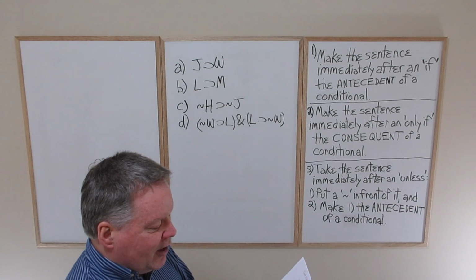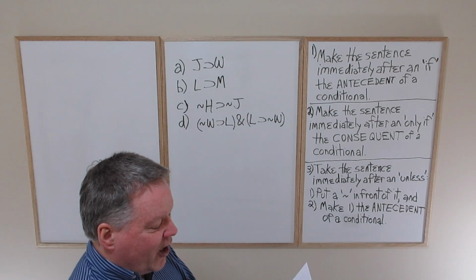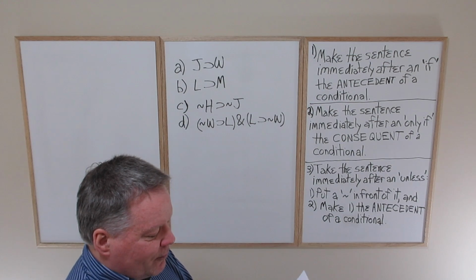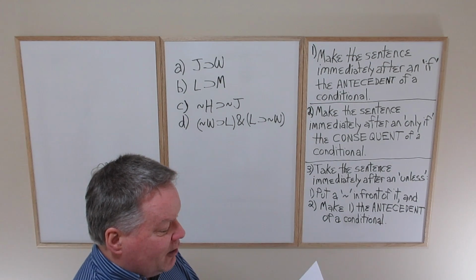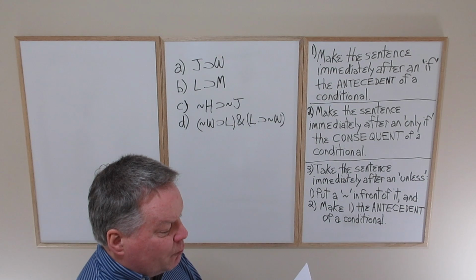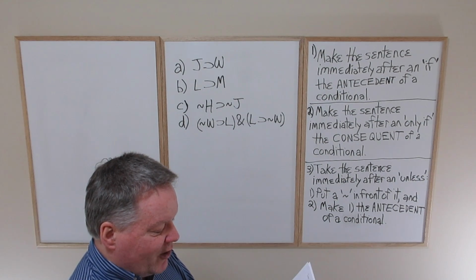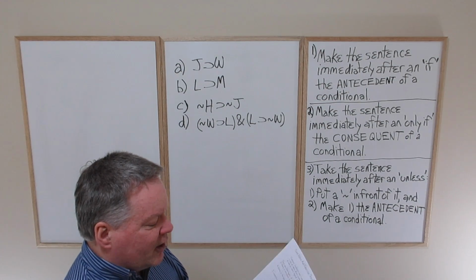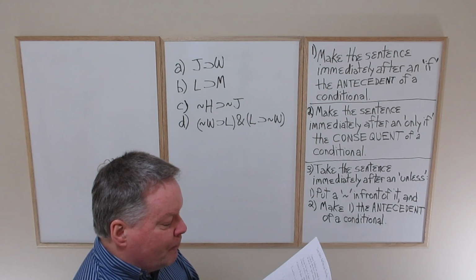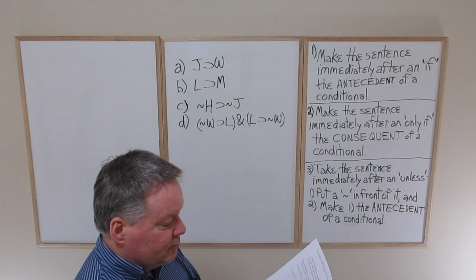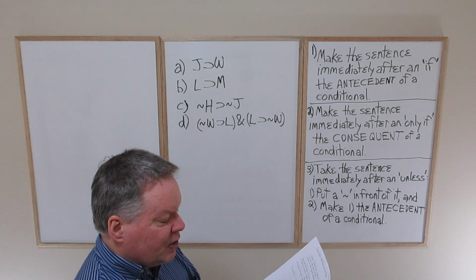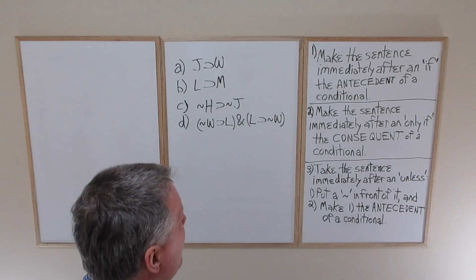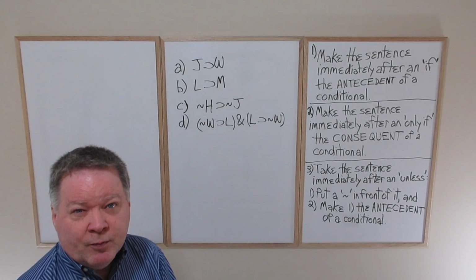The basic English equivalent for the relation indicated by that symbol is the English phrase if and only if, which does occur in the English sentence. So this sentence is not a conditional, but a biconditional. And each of the two parts of the biconditional are just called bicons or equivalents.